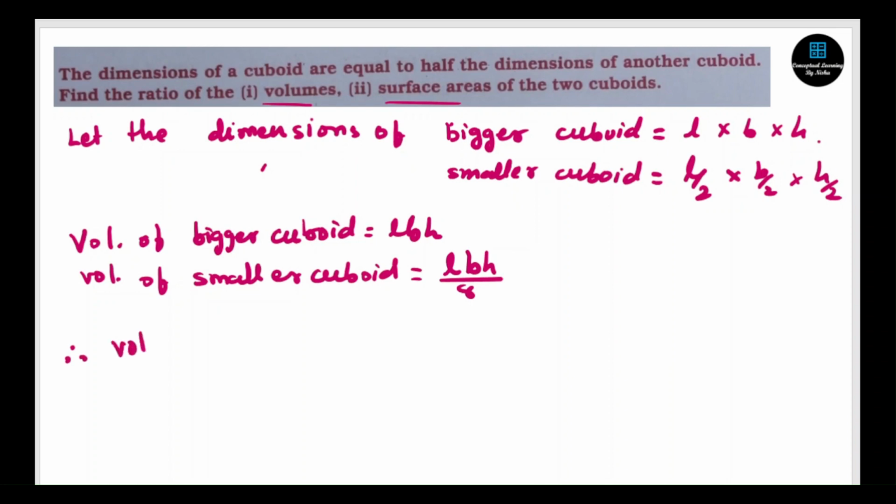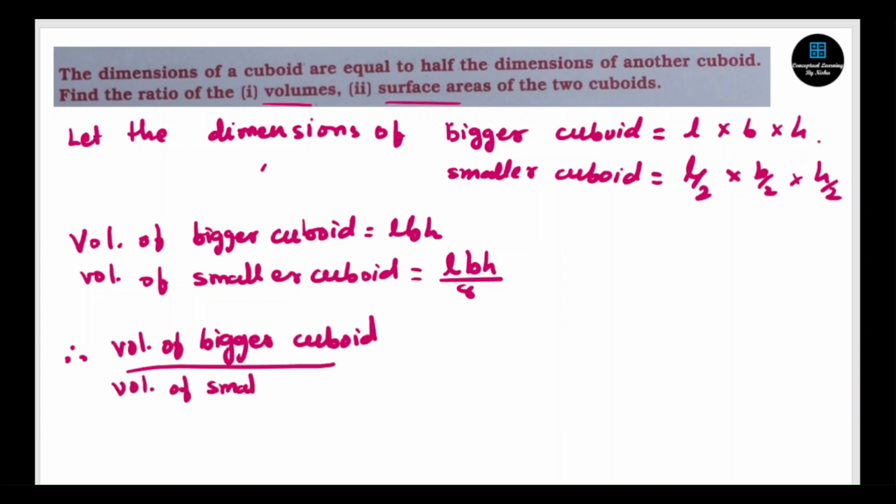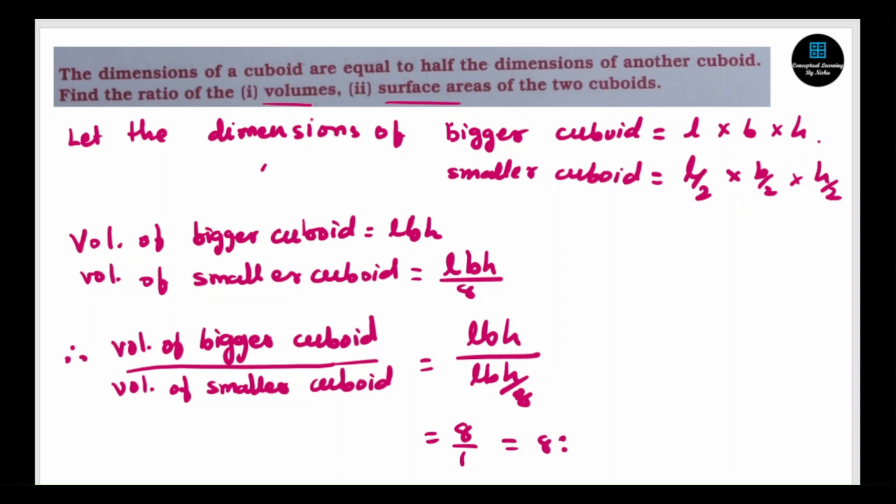Therefore volume of bigger cuboid to volume of smaller cuboid equals LBH over LBH upon 8. So I'll get 8 to 1, or I can write in ratio form. So 8 is to 1 is my final answer for this.